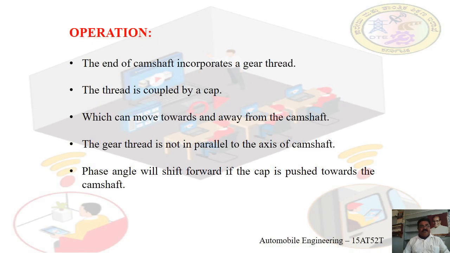The operations of the VVT. In the operations of the VVT, the end of the camshaft incorporates a gear thread. The thread is coupled by a cap in a closed manner, which can move towards and away from the camshaft.